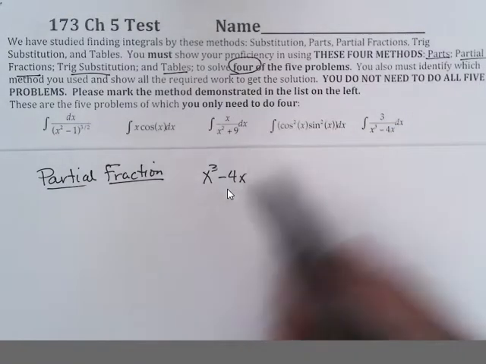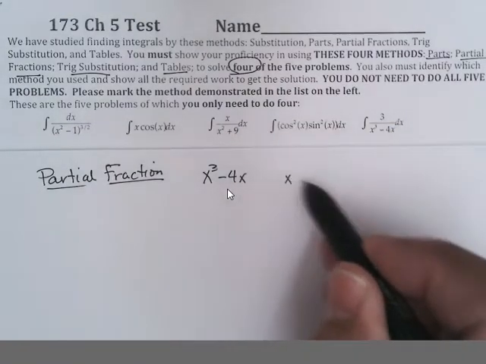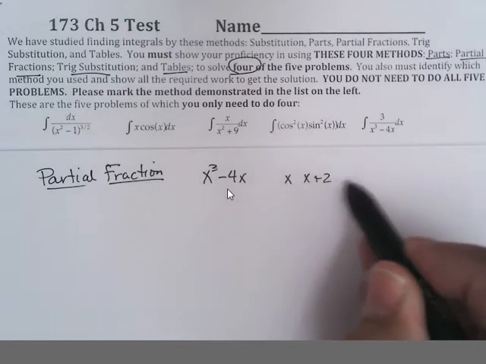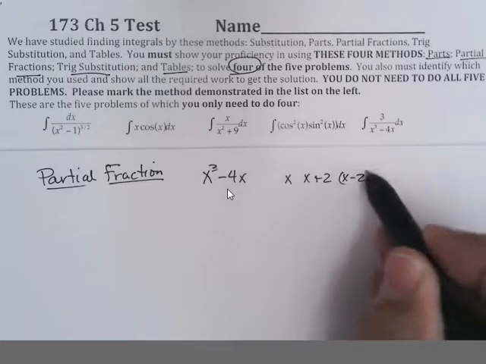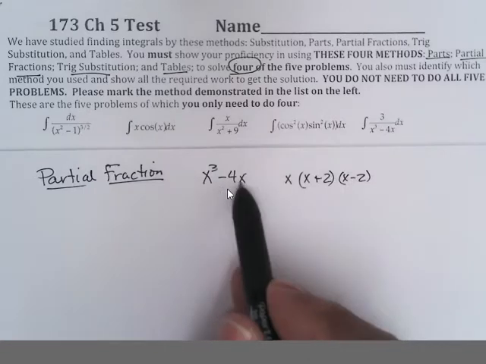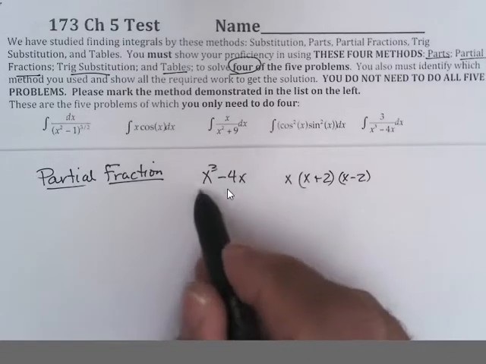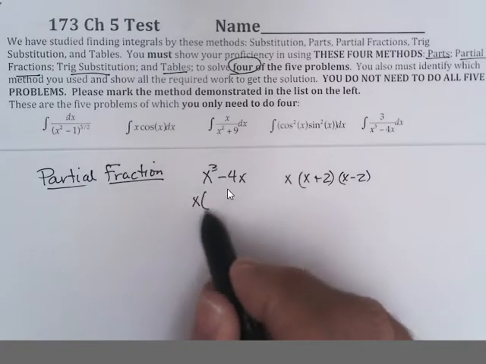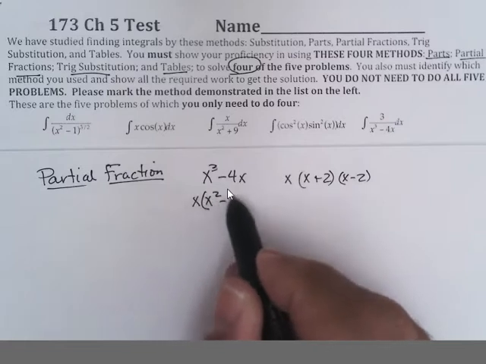So this one factored to x, x plus 2, and x minus 2. Now, if you don't see how that happens, think about this. What can we pull out of this? There's a common x term in it, and that would leave x squared minus 4.